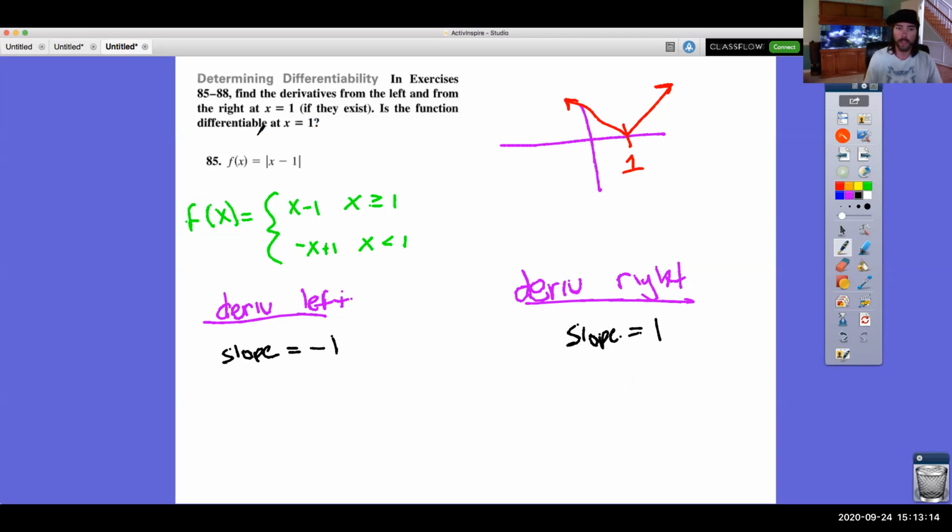The only way that this function can be differentiable at x equals 1 is if these two were the same value. If the derivative from the left and the derivative from the right were the same, like a limit approach. They're not the same. So this is not differentiable.